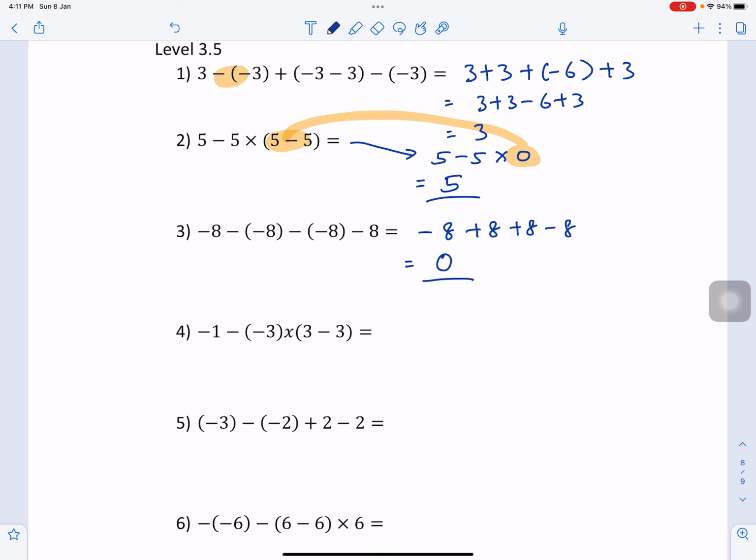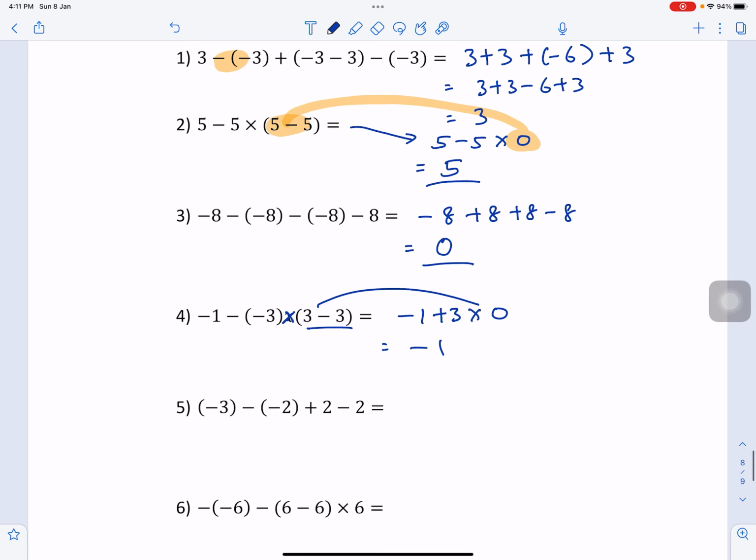The next question, oh, this should be a multiplication. So minus 1 plus 3 times 0, and answer minus 1. Next question, minus 3 plus 2 plus 2 minus 2. That should give me minus 3 plus 2 minus 1, minus 1 plus 2 minus 2, which should give me 1 minus 2, minus 1.